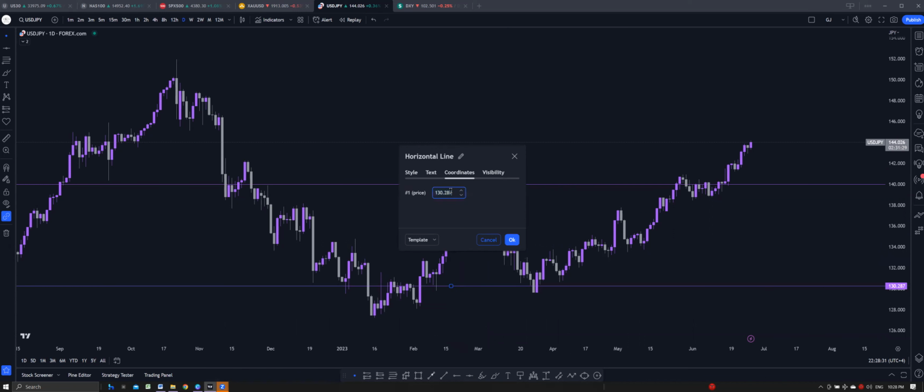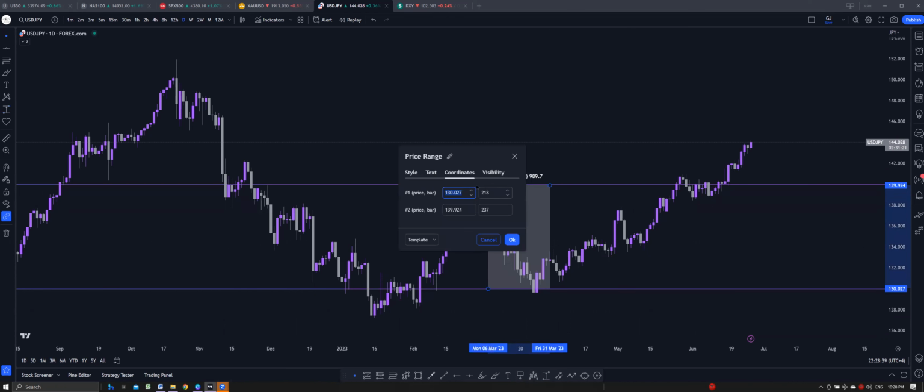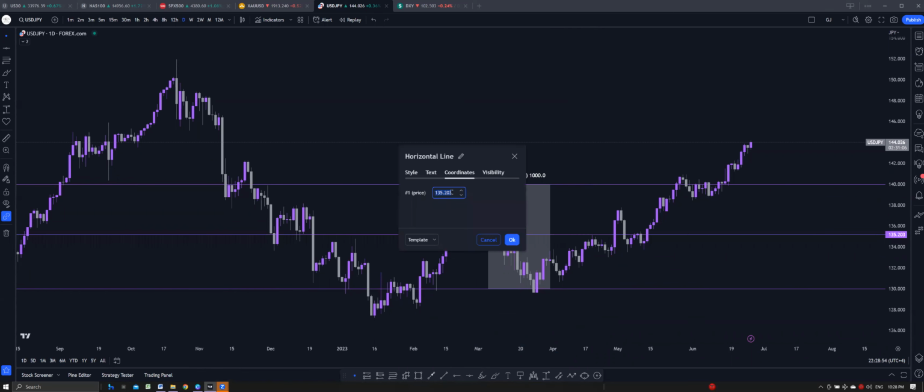Yeah. So if you notice this range that I've drawn out now, this range here is 1,000 pips. So this is a 1,000 pip range there. Now, once you've drawn out the 1,000 pip range, you need to mark off the halfway point, which is 135 in this example here.